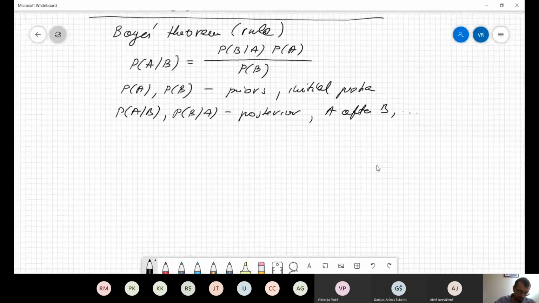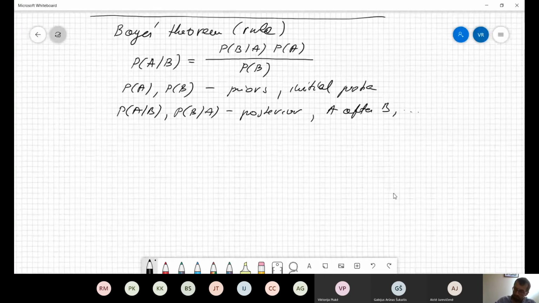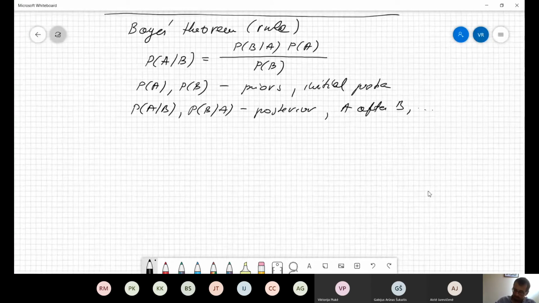Okay, so the derivation is actually quite simple. There is a very simple derivation and we can prove it, and it comes from the definition of the conditional probability.